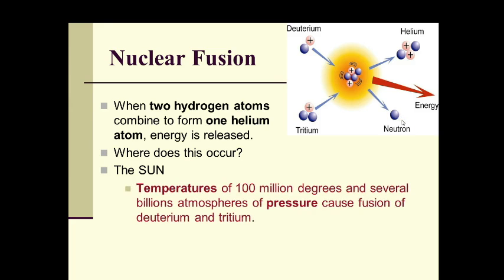It takes temperatures of 100 million degrees and tons of pressure, so billions of atmospheres of pressure, to cause fusion of deuterium and tritium. You are converting mass into energy. Lovely.